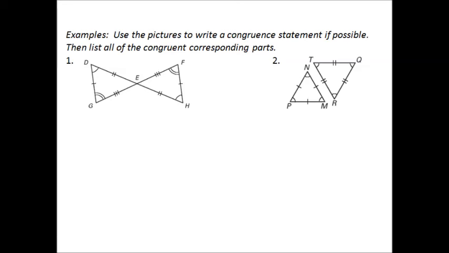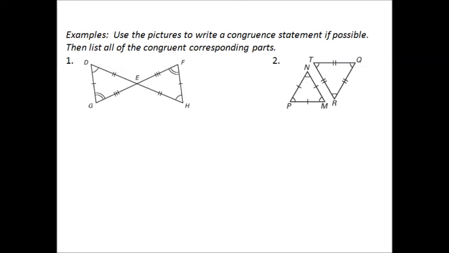Use the pictures to write a congruent statement if possible, then list all of the congruent corresponding parts. In our first example, we see that we have the three pairs of sides with congruent marks. Then we have angles D and H being congruent, as well as angles G and F being congruent. The only thing that we haven't confirmed is angle E, actually on both sides.